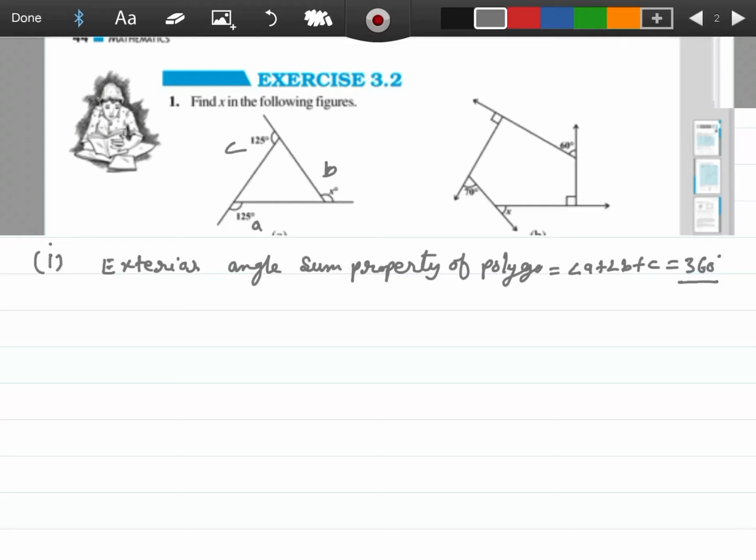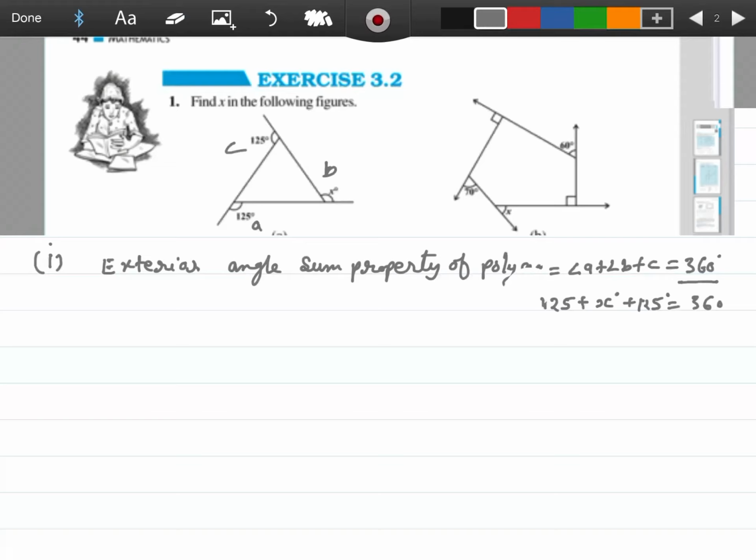So what is the value of A here? A is equal to 125 degrees. B की वैल्यू है, it is unknown, this is the unknown angle, and angle C is equal to 125 degrees, and the sum is equal to 360 degrees.